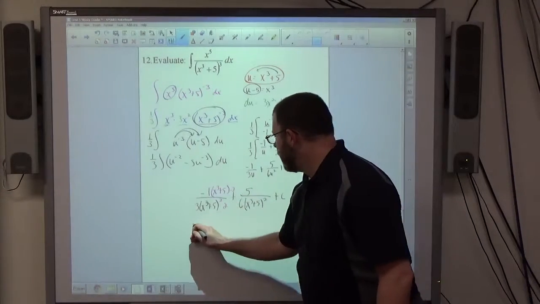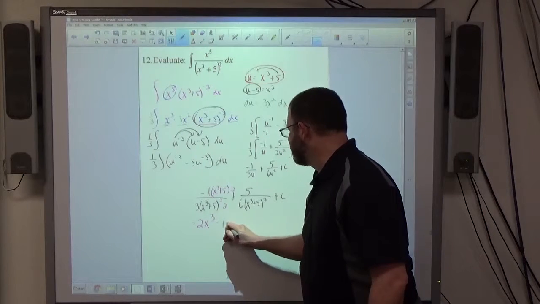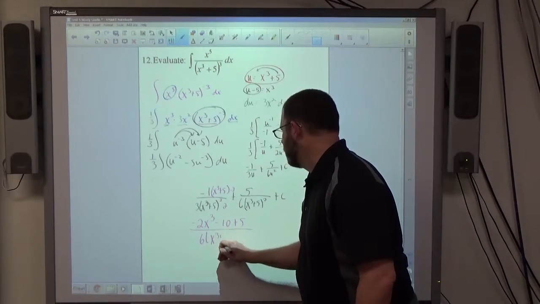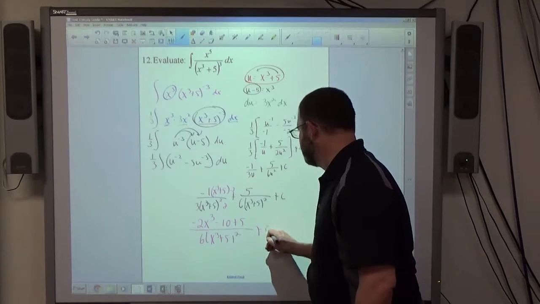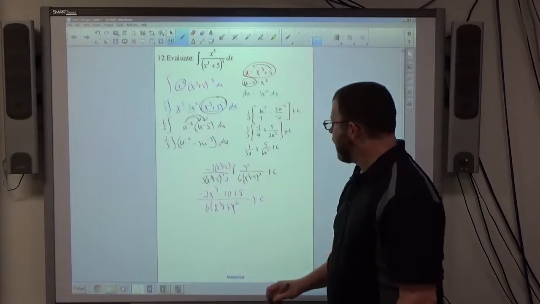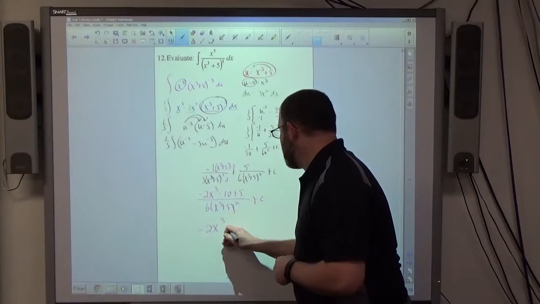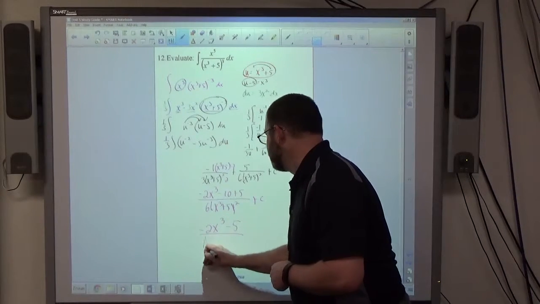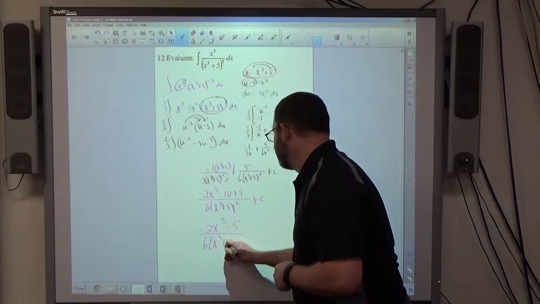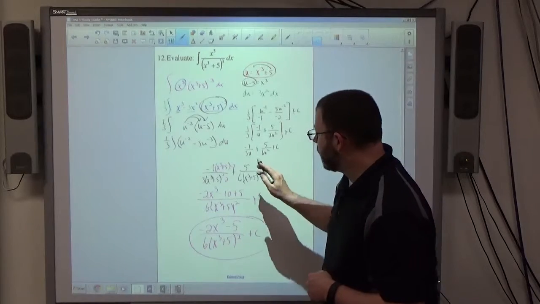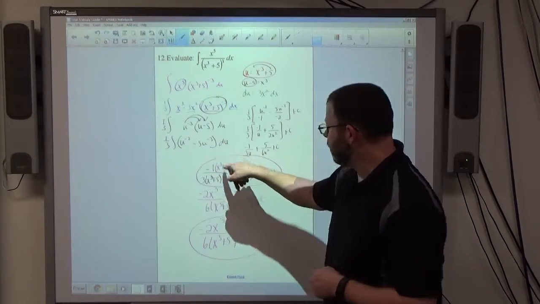That would be negative 2x cubed minus 10 plus 5 all over 6 times x cubed plus 5 squared plus c. And finally, if I combine like terms, negative 2x cubed minus 5 over 6 times x cubed plus 5 squared plus c. I am completely fine with the black answer here, leave the purple out.